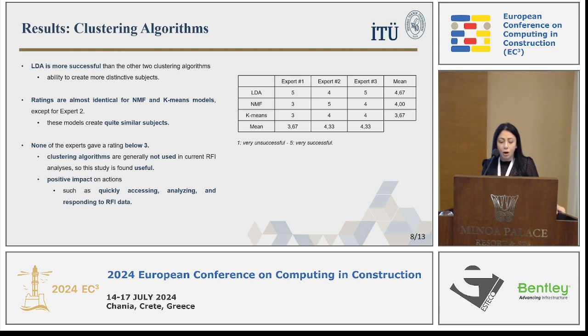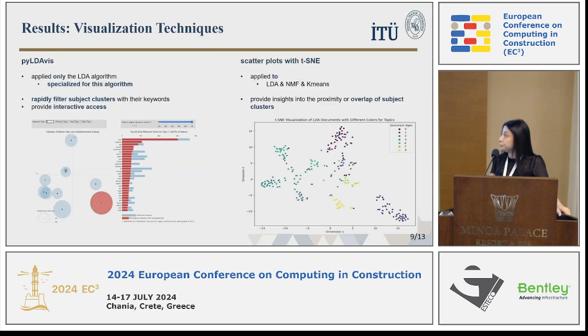The ratings assigned to NMF and k-means are almost identical except for expert 2, and these algorithms create quite similar subjects. It should also be noted that none of the experts gave a rating below 3, which means the overall performance of the clustering algorithms was perceived well.